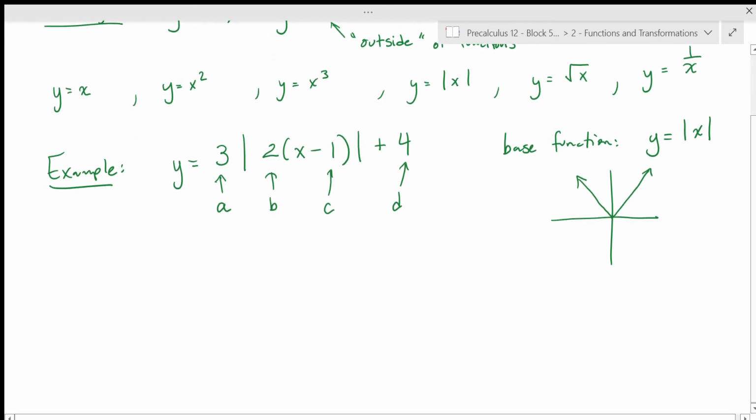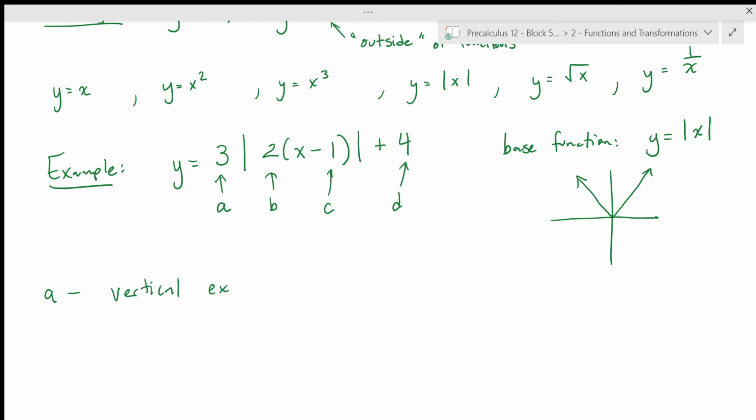Okay, so let's just remind ourselves what these different letters mean. So A is a vertical expansion or compression. And what we're actually doing when we're computing the A is we're multiplying the y values of our base function.